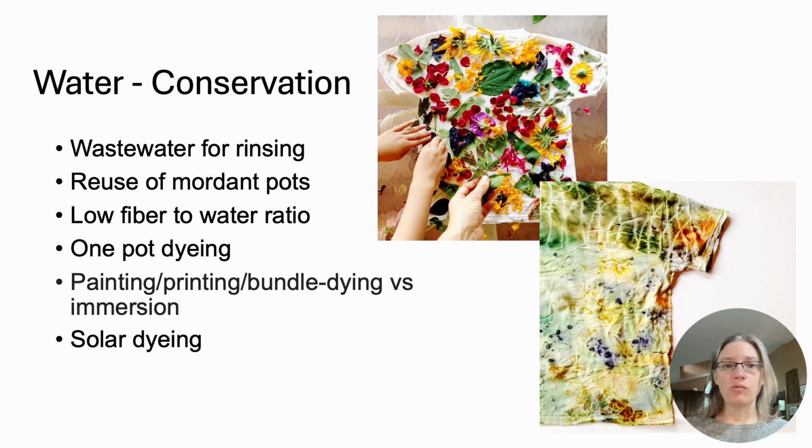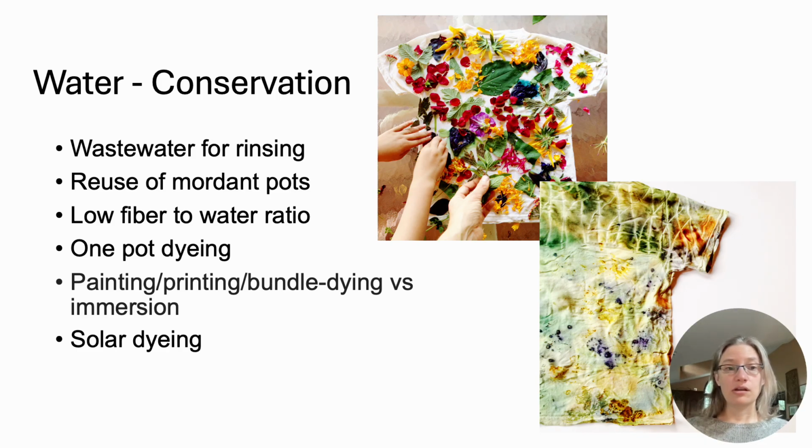Continuing on then for water conservation, we can use all of these different methods to see if we can get our water usage down. Water is a big part of the natural dye process because there are so many steps, and each of those steps need water. So it's really important to be conscientious about how we are using that water.